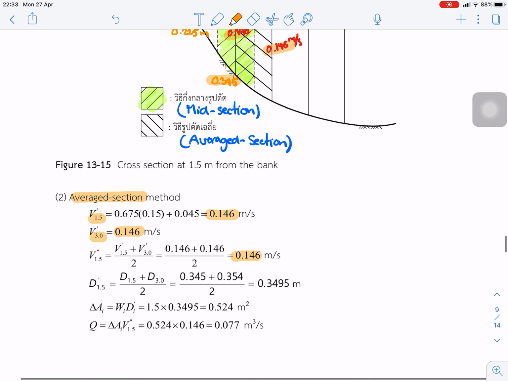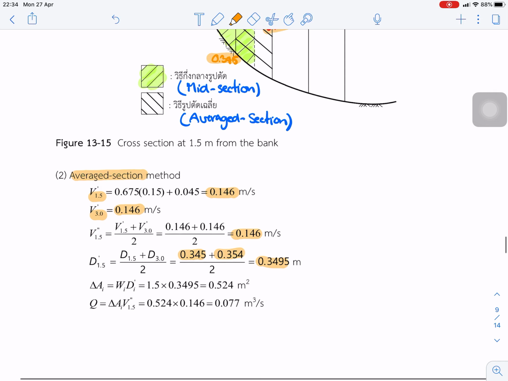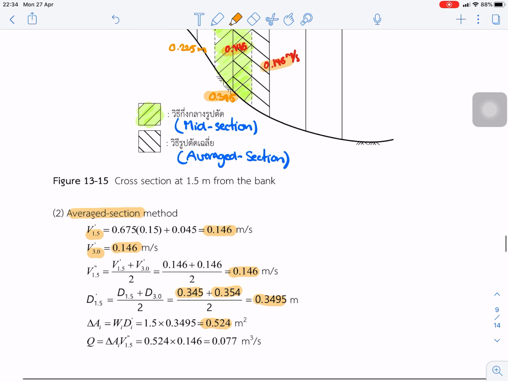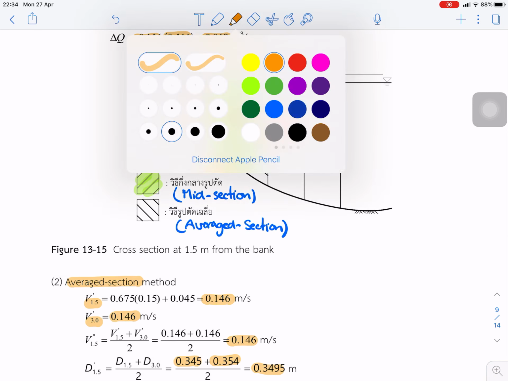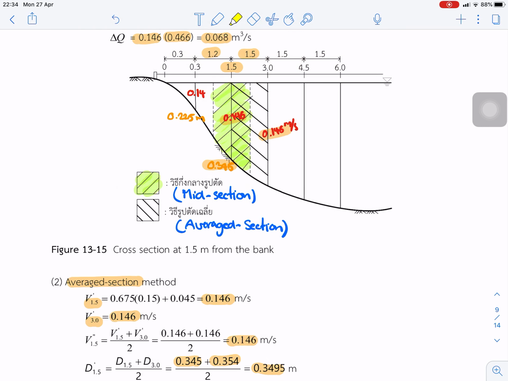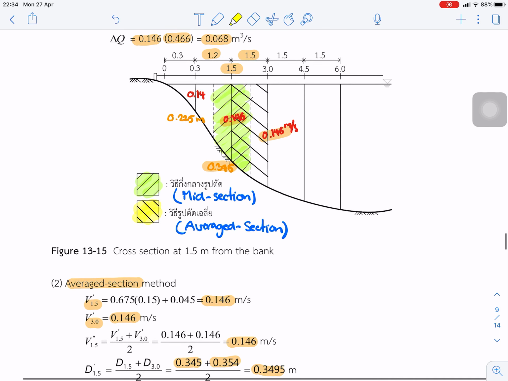Next we take the average of the depth from the two sections, 0.34959, and the area is equal to the width times the depth, 0.1524. This area is shown in yellow, for the average section.